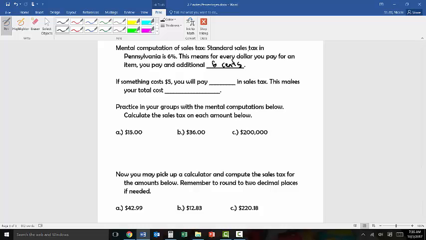And 6 cents times 10 will make 60 cents. So if something costs you $5, you're going to pay 6 cents 5 times. So you're going to pay 30 cents. So your actual total bill is going to be $5.30. That's how sales tax works.